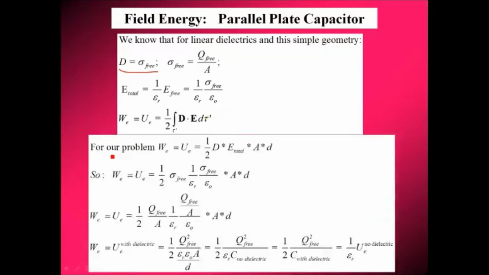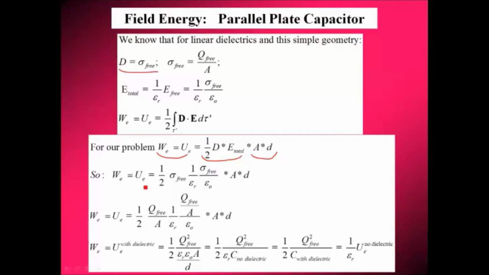Take our problem here. Here's the parallel plate capacitor version of this. So we have the total energy that's in the fields, which is 1/2 times D times E total times A times d to get the volume that we're dealing with. This is energy density times the volume, and that'll give us the total energies.